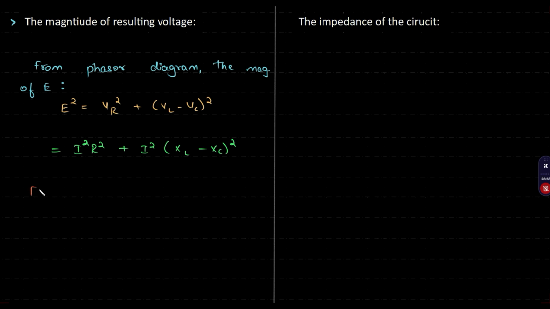And finally, E is equal to, I have I square common, so root of I square is I, root of R square plus XL minus XC the whole square. Sorry, my bad, not whole square, this is square. Whole root. This is your expression for voltage and current, how they are related.